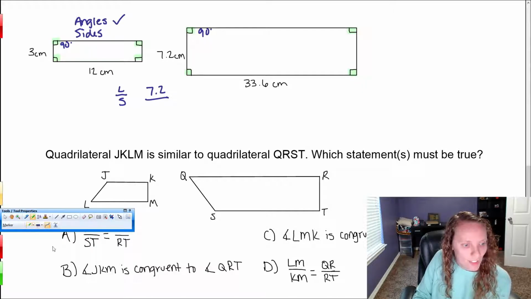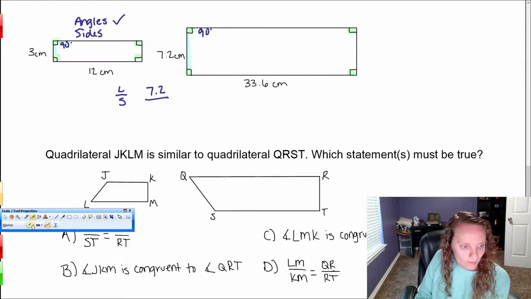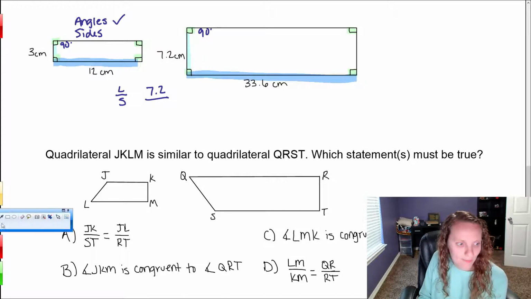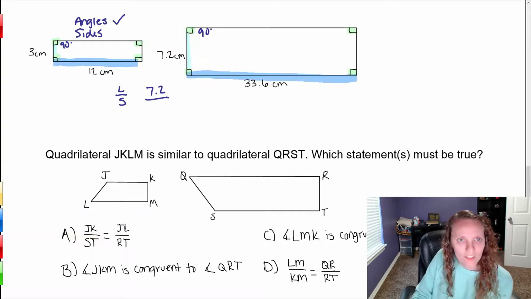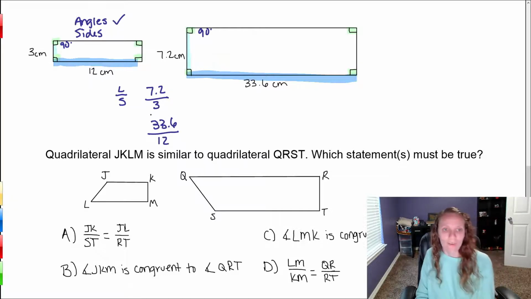So 7.2 is the up and down side, and this up and down side is corresponding to this 3. And then the other pair would be this 12 along the bottom is corresponding with this 33.6. So 7.2 corresponds with 3, and then 33.6 corresponds with 12. We have our fractions.